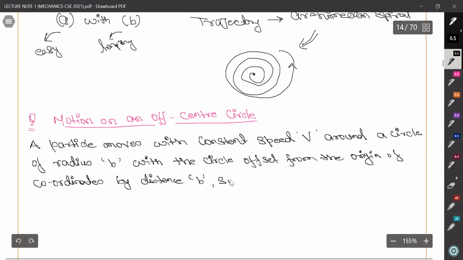So it's quite obvious that the axis will be tangent, the y axis is tangent to the circle.